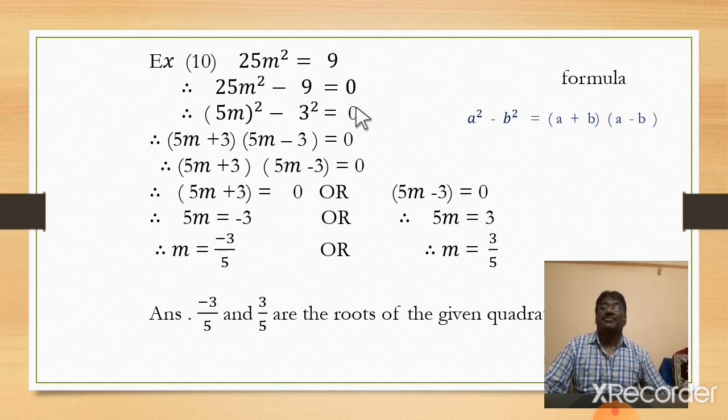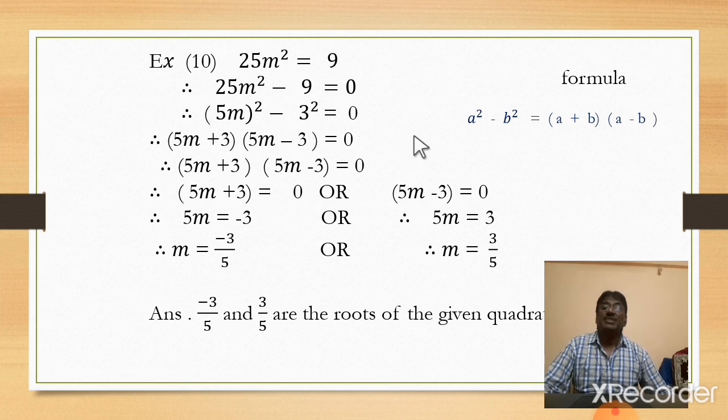Now, these two terms are square terms. 25m square is the square of 5m, and 9 is the square of 3. Therefore, these two terms we can write as (5m) square minus 3 square.